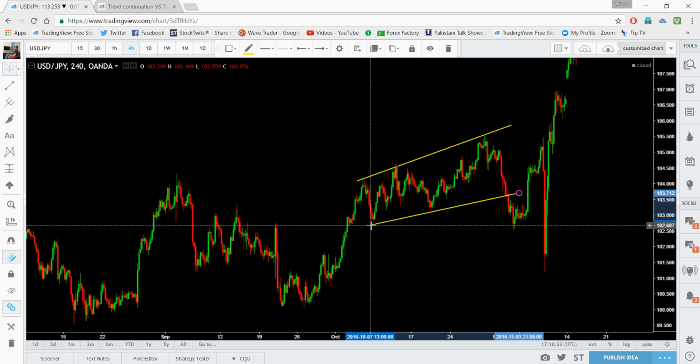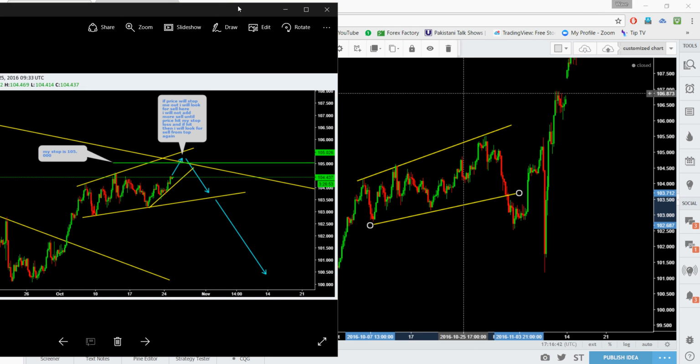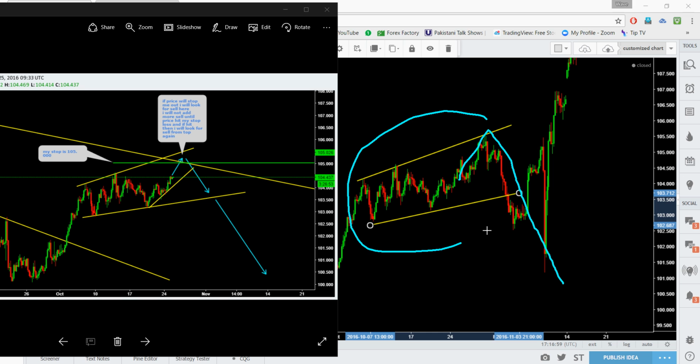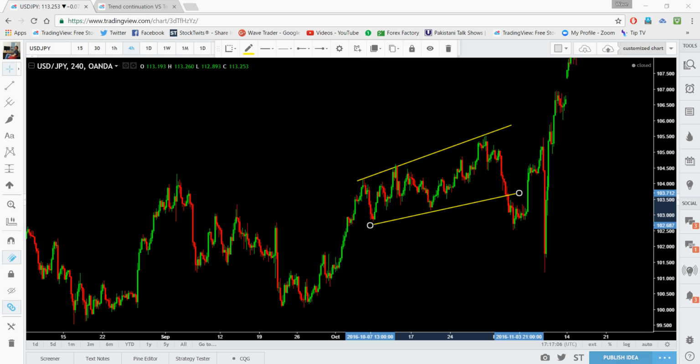Let me bring the picture back to you guys again. Here we got the picture. I was expecting that price gonna hit this point and then reverse into the other direction. So this is a trend reversal pattern, not a trend continuation pattern. I'll share another picture.